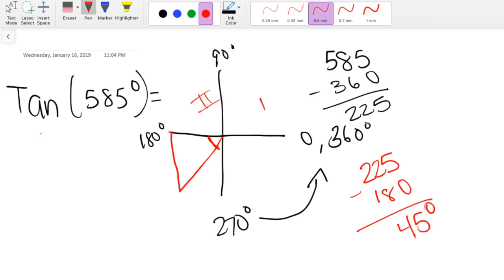And we took the 180 from this side right here, since we know that's what 180 is, and we are making this triangle in the quadrant following 180. So like I said, we have 45 degrees. That makes this reference angle 45 degrees as well, or pi over 4.